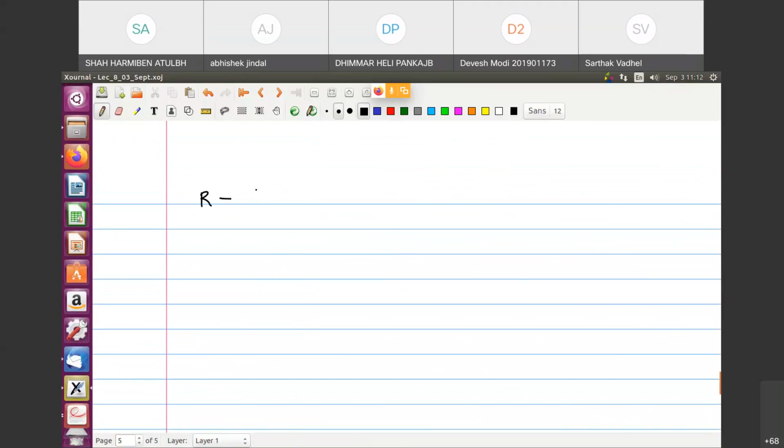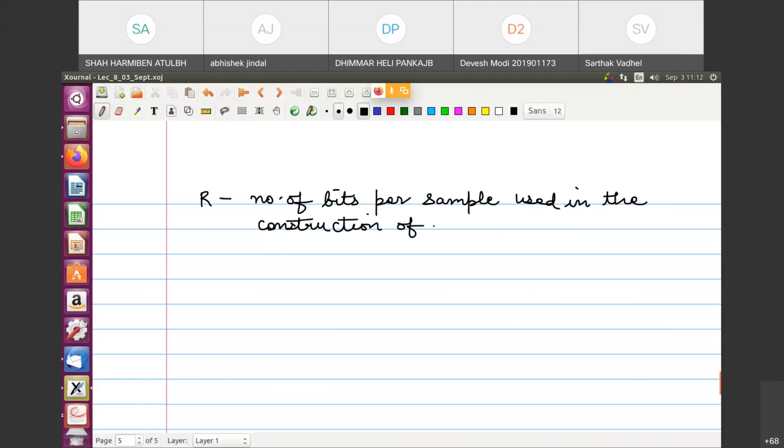So this is the number of bits per sample used in the construction of the binary code.